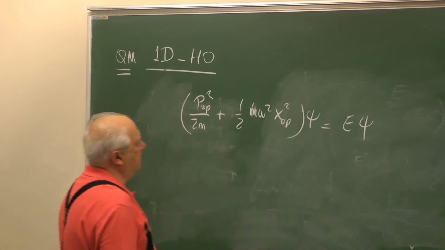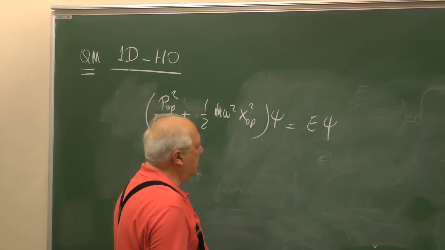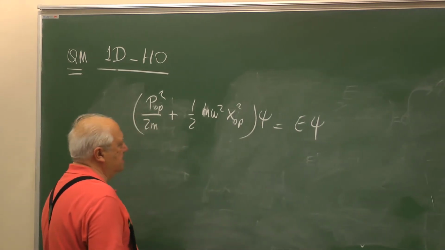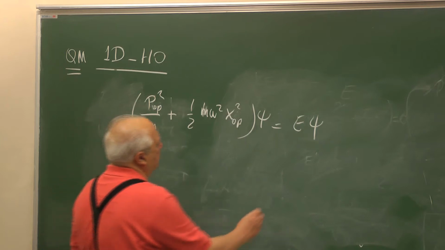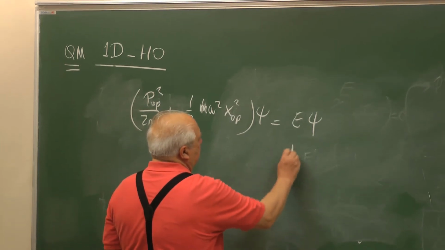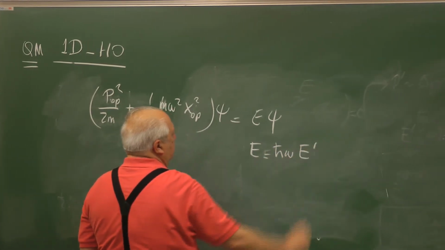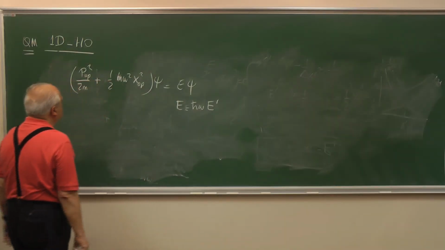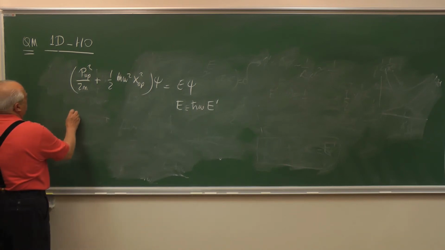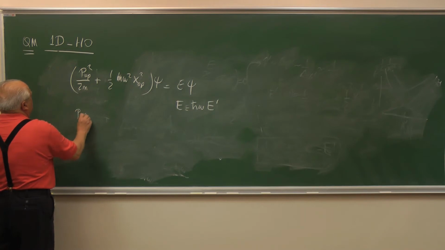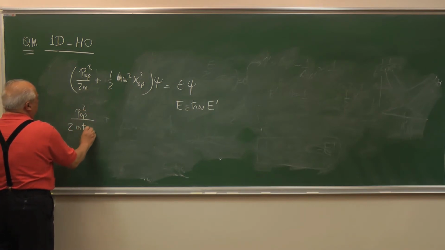Again, it's best to make things dimensionless, as we did when we discussed the uncertainty principle estimate. So we divide by h bar omega. E is written in units of h bar omega, and we divide by h bar omega, and P operator squared over 2m h bar omega.